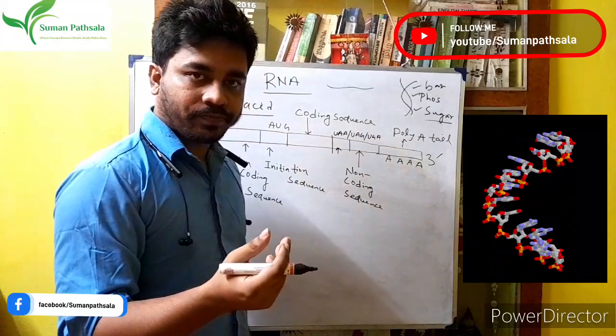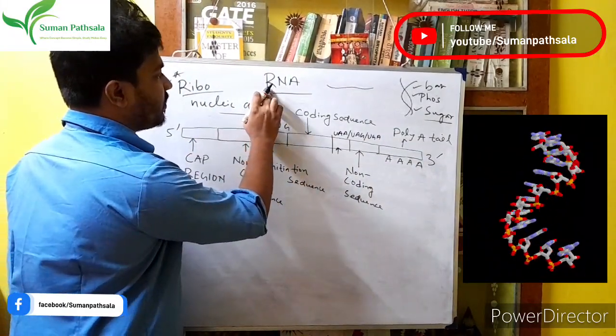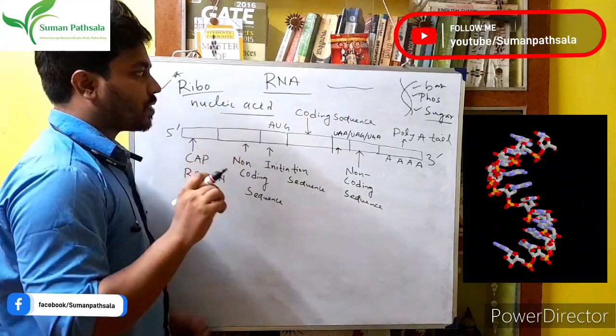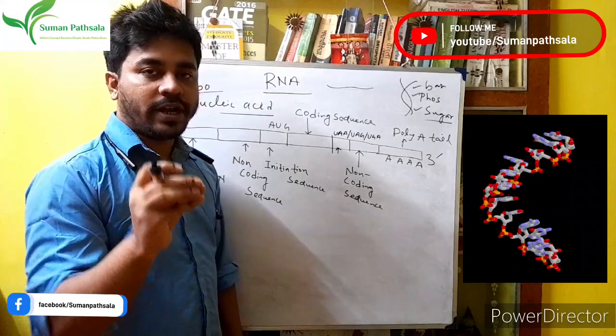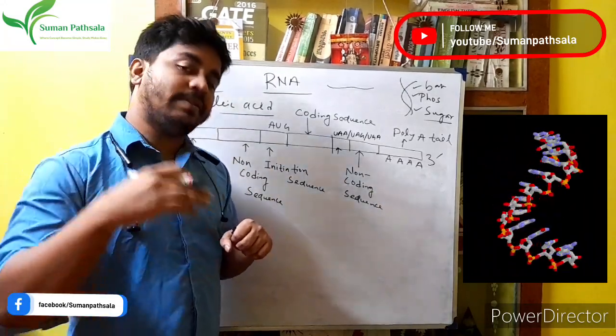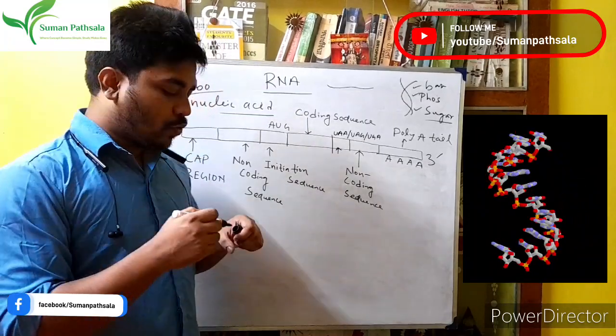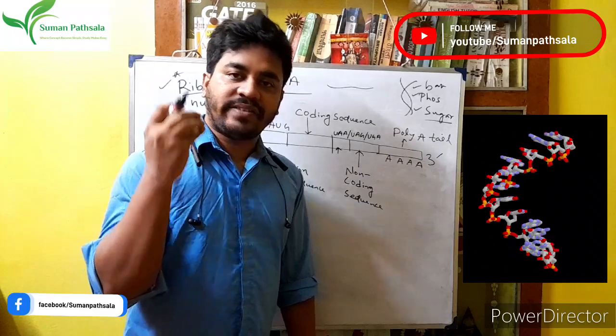Here we use the ribose sugar. It is made up of ribose sugar, that's why it's named ribonucleic acid. Basically the RNA is single strand.